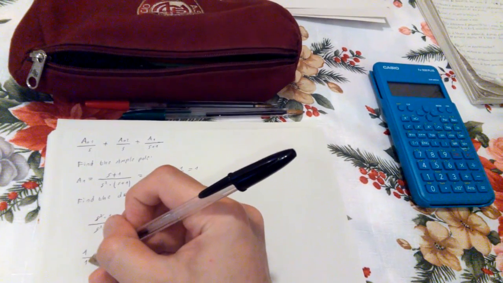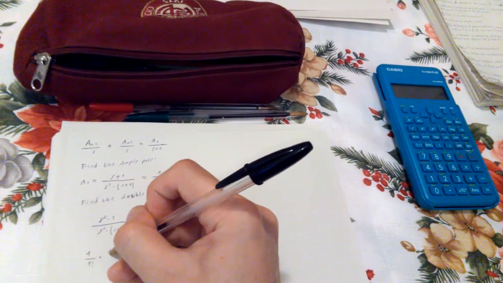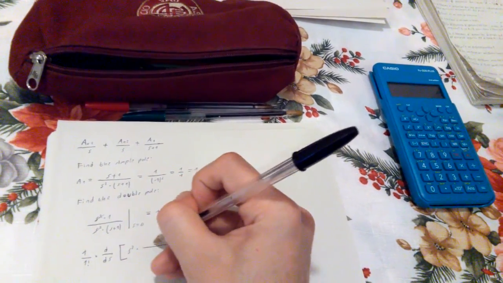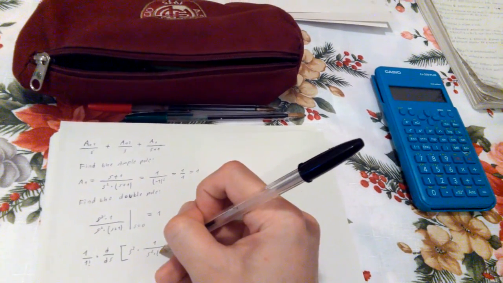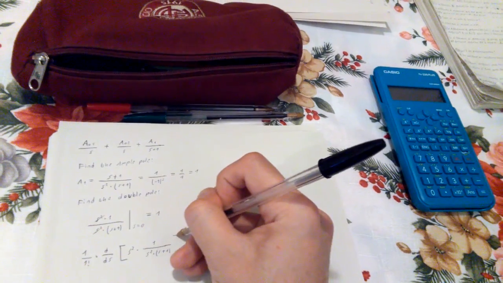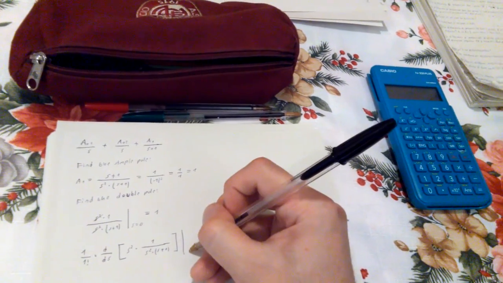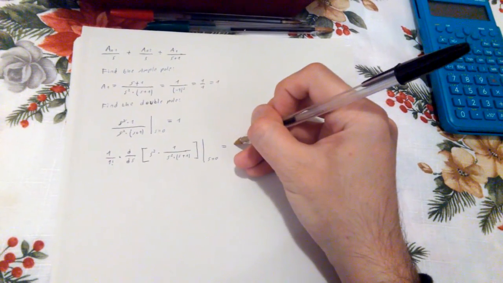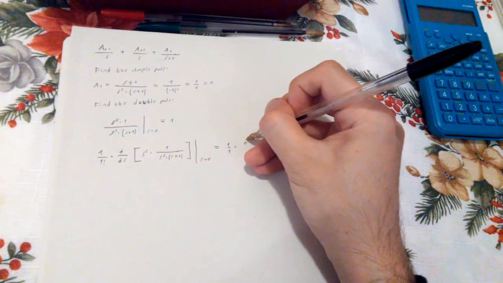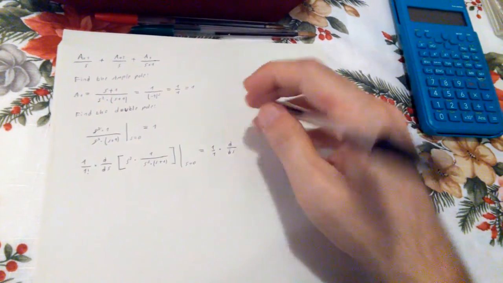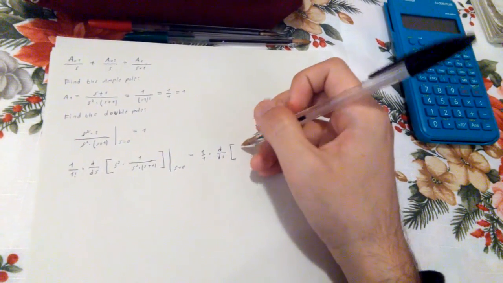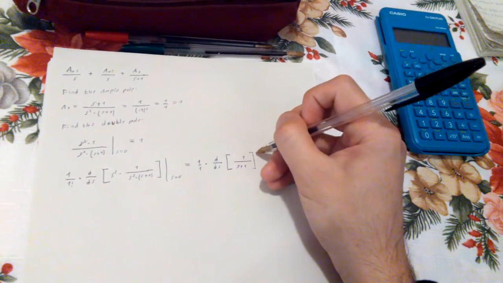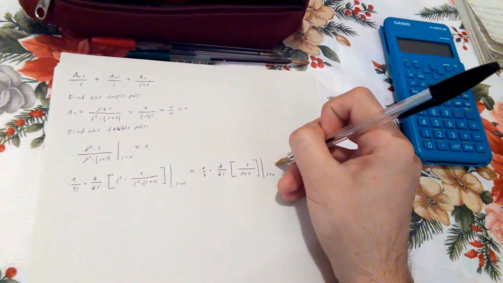So I will basically have 1 over 1 factorial times d/ds of S squared times 1 over S squared times S plus 1, everything evaluated for S equal to 0. So 1 over 1 times d/ds of 1 over S plus 1, evaluated at S equals 0 again.